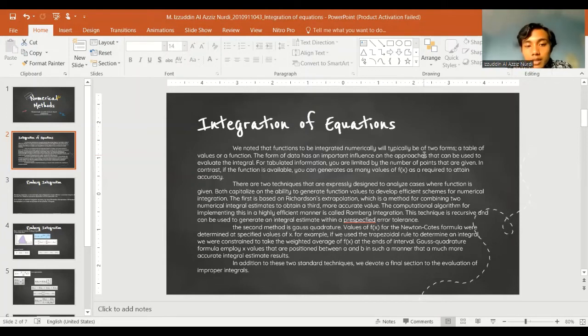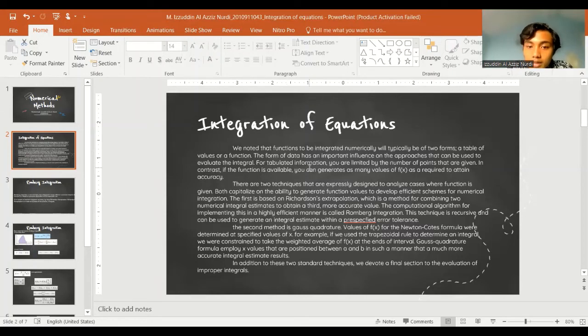In contrast, if the function is a variable, you can generate as many values of the function as are required to attain accuracy. So there are two techniques that are expressly designed to analyze cases where the function is given, and both capitalize on the ability to generate function values to develop efficient schemes for numerical integration.